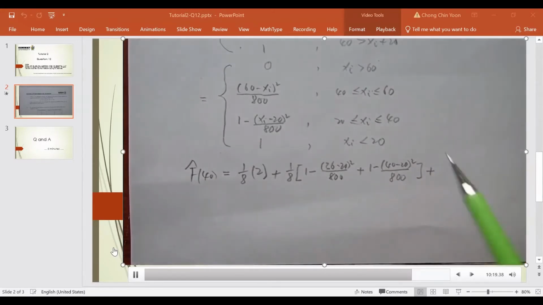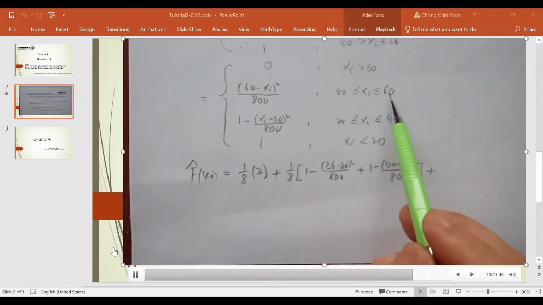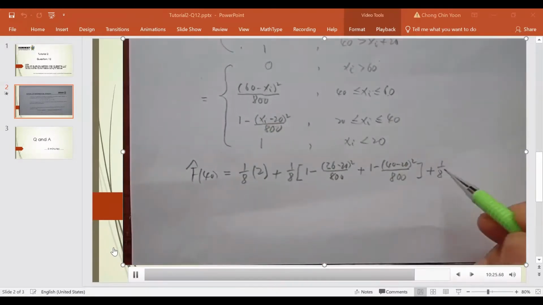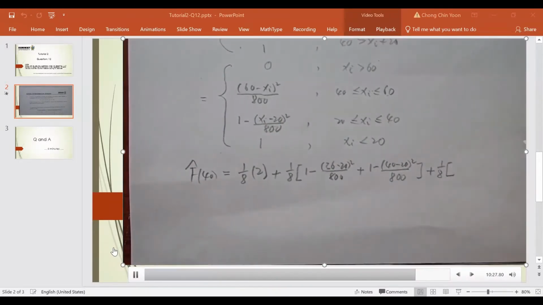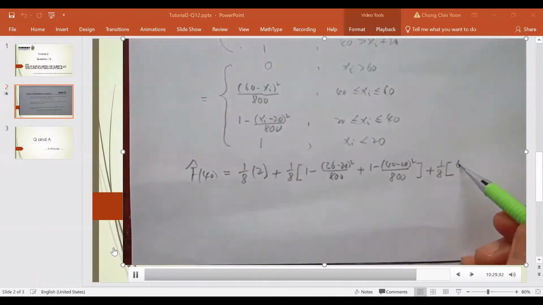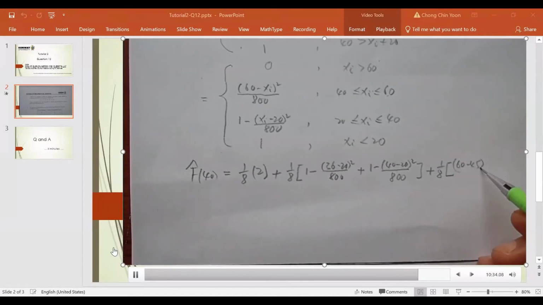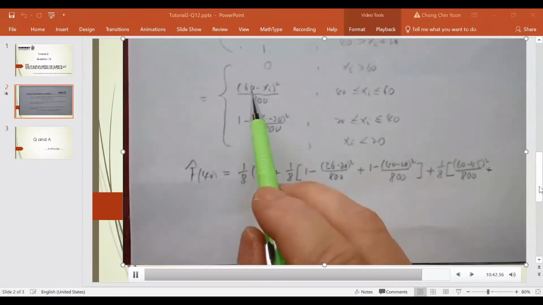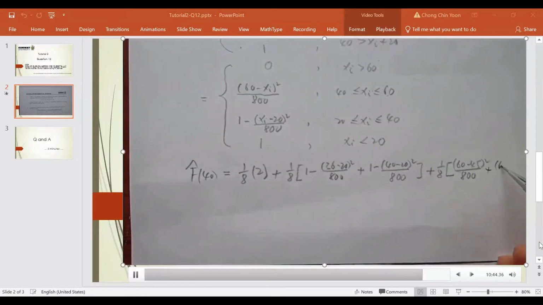So next, I have another 2 data that fall on this group with this value, with the same probability of 1 over 8, then I can factorize. So I will have 60 minus the data, which is 45, squared divided by 800. And the following data that falls on this group, that is 60, so I will have 60 minus 60 squared divided by 800.